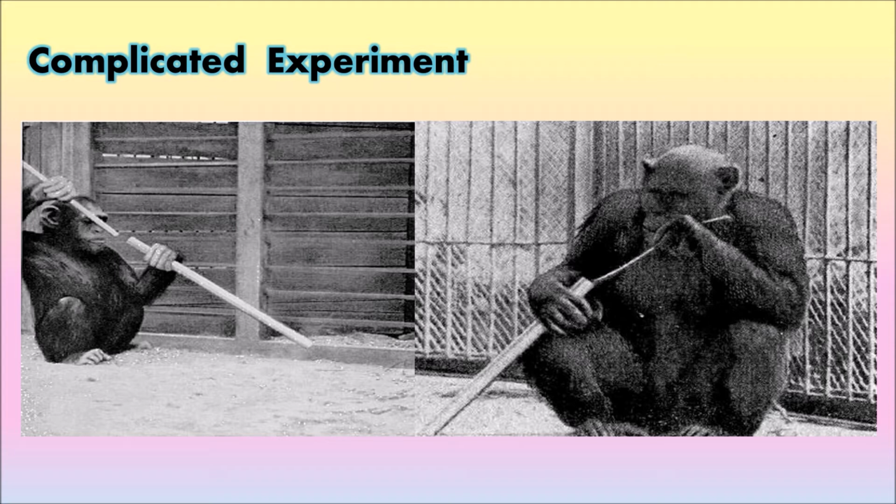The chimpanzee first tried to reach the banana with these sticks one after the other but failed. Suddenly, the animal had a bright idea and joined the 2 sticks together and reached the banana. In these experiments, Kohler used many different chimpanzees. Sultan was the most intelligent of all the Kohler chimpanzees and could solve all the problems.